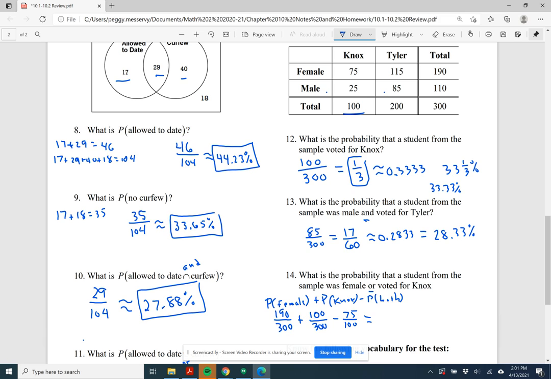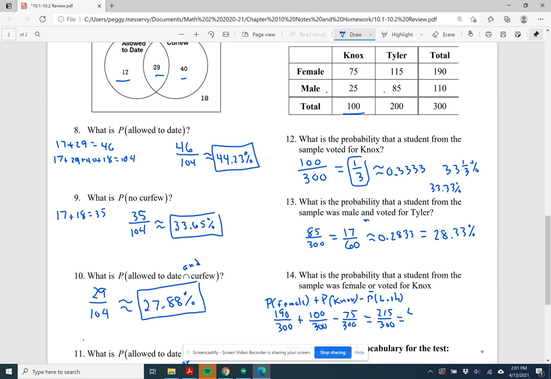So 190 plus 100 is 290, and then subtract the 75. We get 215 out of, whoops, this is supposed to be a 300. All of those are out of 300. Reduce by dividing a 5 out of the numerator and denominator.